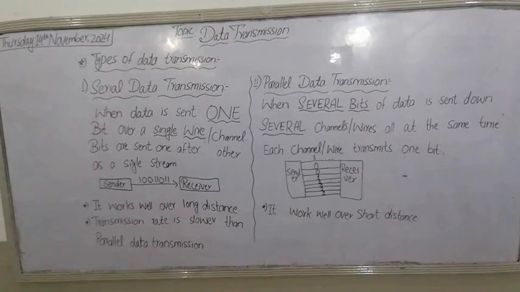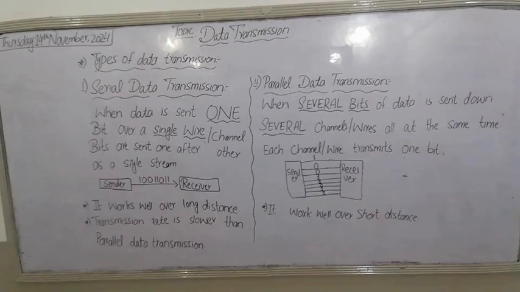Means if we have to transmit data over a longer distance, we will prefer serial data transmission. Because in serial data transmission we use a single wire, so it's not that expensive, it's affordable. That's one of the reasons that we use serial data transmission over long distance. And the other thing is that it works really well over long distance data transmission.